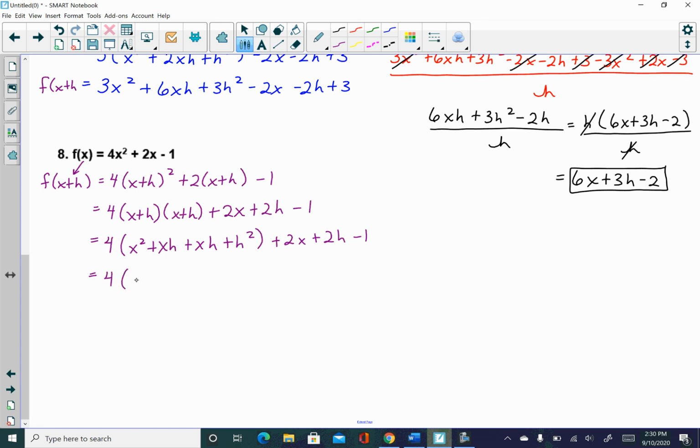Let's go ahead and combine like terms. So x squared plus 2xh plus h squared, plus 2x plus 2h minus 1. Let's distribute that 4. Plus 4h squared.